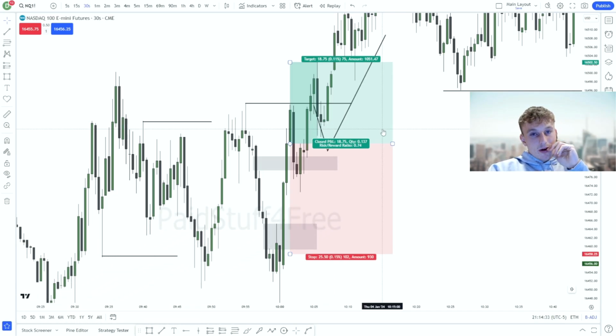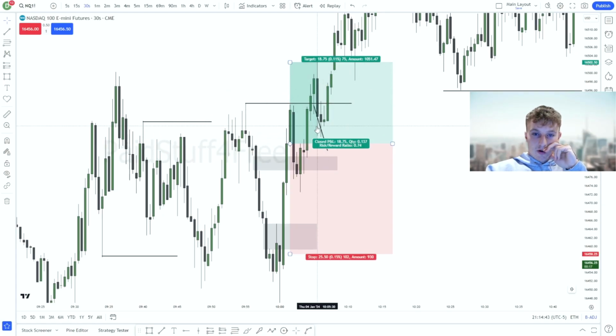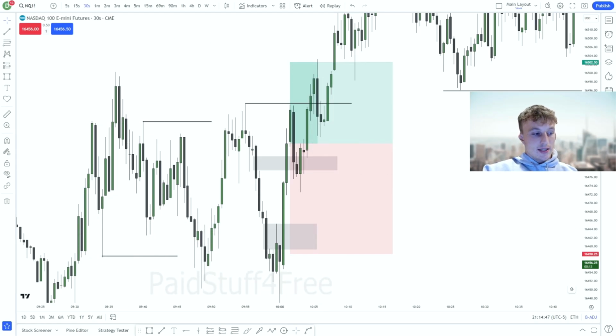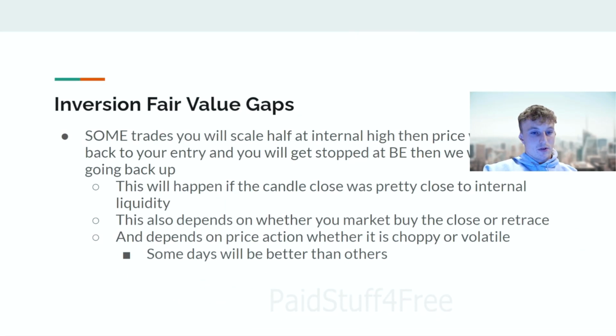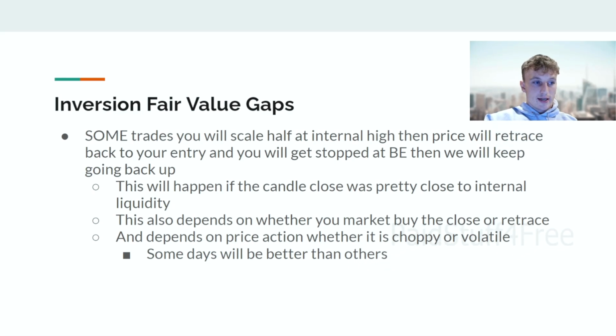It happens more in some months than others. It definitely happened a lot more to me in December, and it'll definitely happen a lot less in the summer. It really depends on the month and the price conditions. Overall I think it's very profitable, but it's really going to depend on what month it is, what the conditions are, etc. So just be paying attention to that.